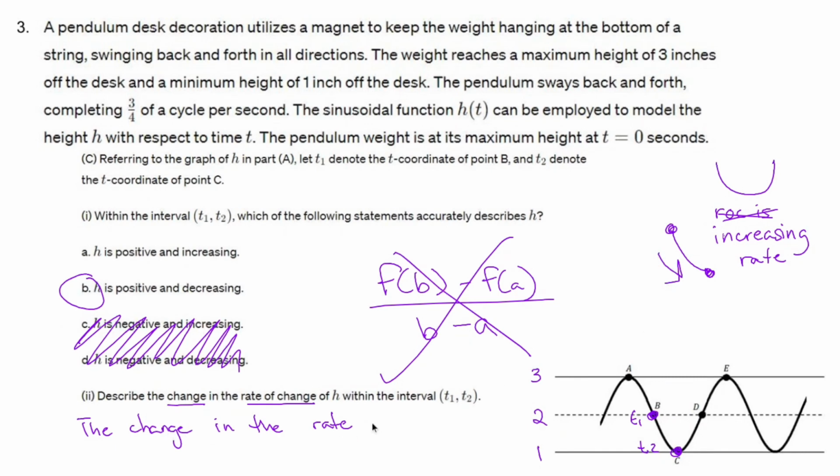So the change in the rate of change is decreasing, in other words, going down and to the right, at an increasing rate. That's the part that means concave up. So it's decreasing at an increasing rate, going down, concave up.